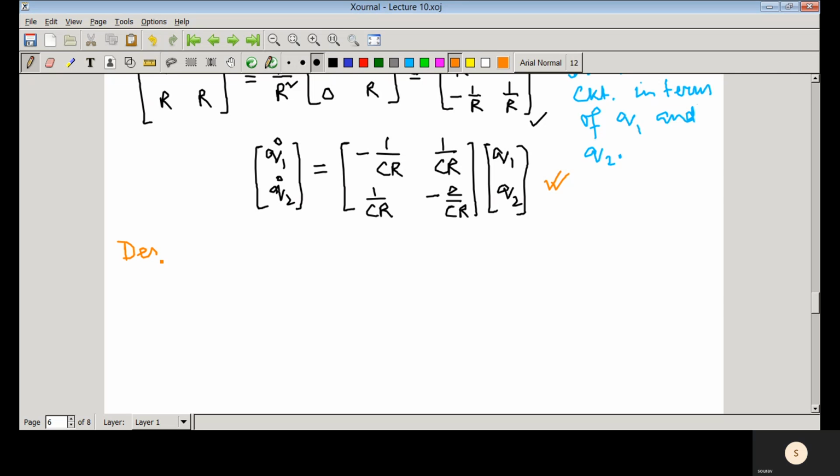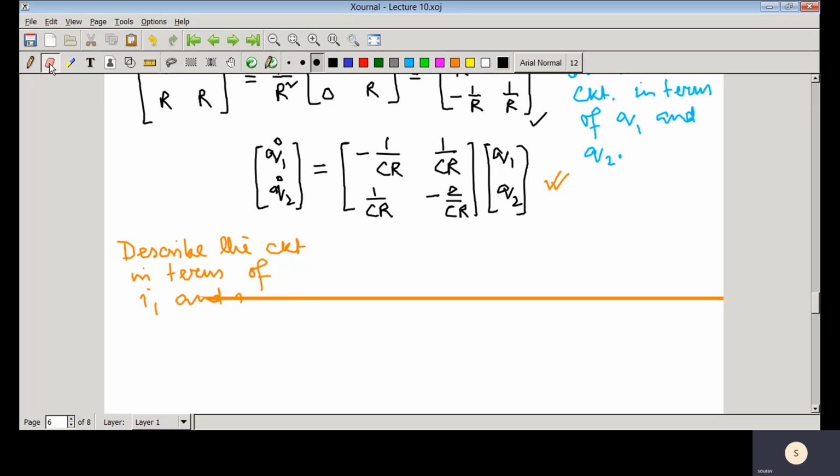We can describe the circuit in terms of I1 and I2. You can also represent it in terms of I1 and I2. So let us see how.